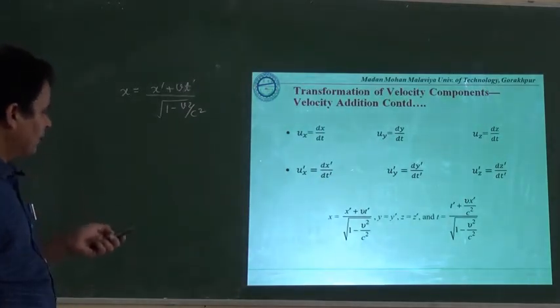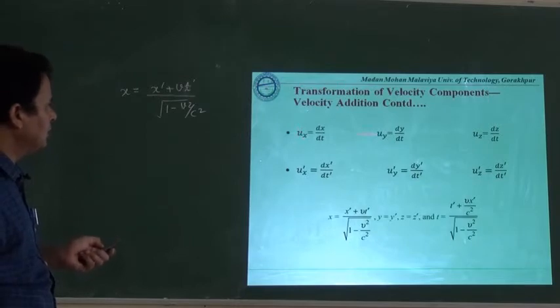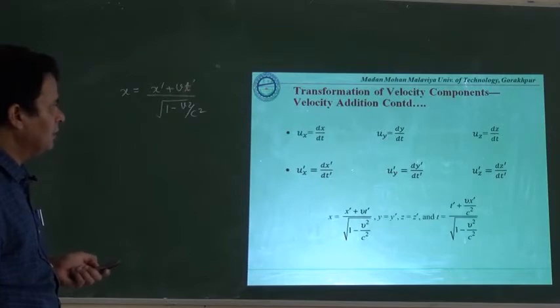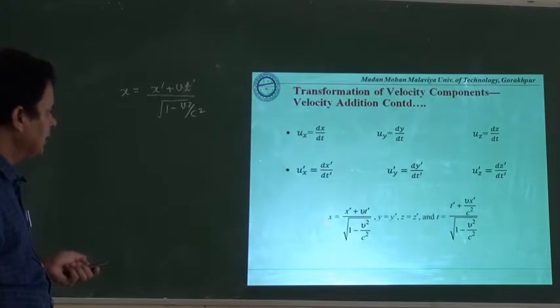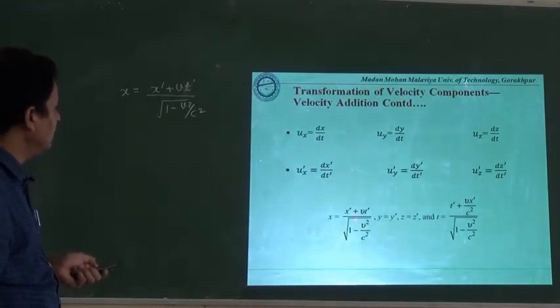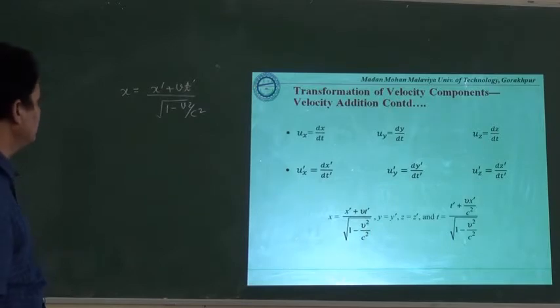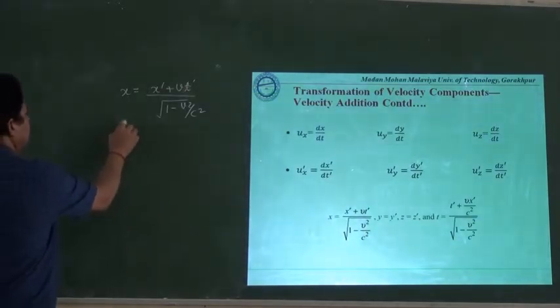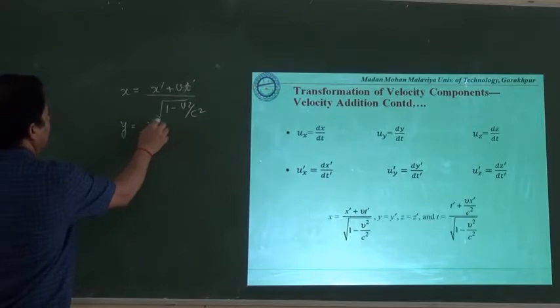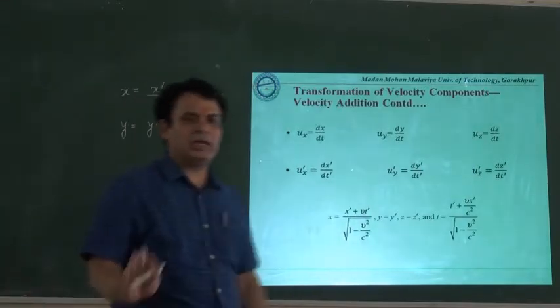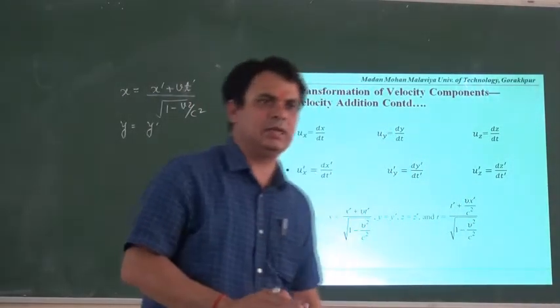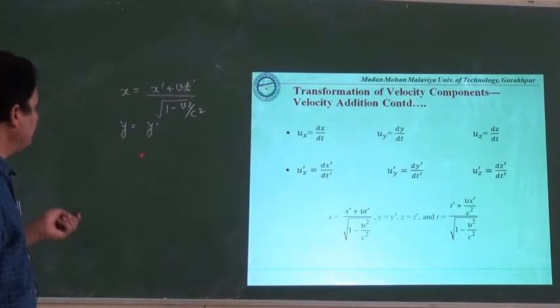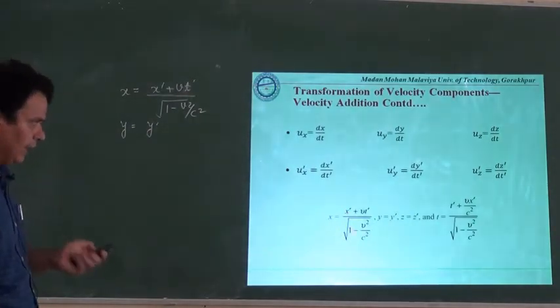We have started from the components: x component, y component, z component, x dash, y dash and z dash. So x is equal to x dash plus vt dash upon under root 1 minus v square upon c square. There is no change in the y component, because there is no motion along the y and z directions. The frame is moving only along the x axis, so the change will be only in the x component.